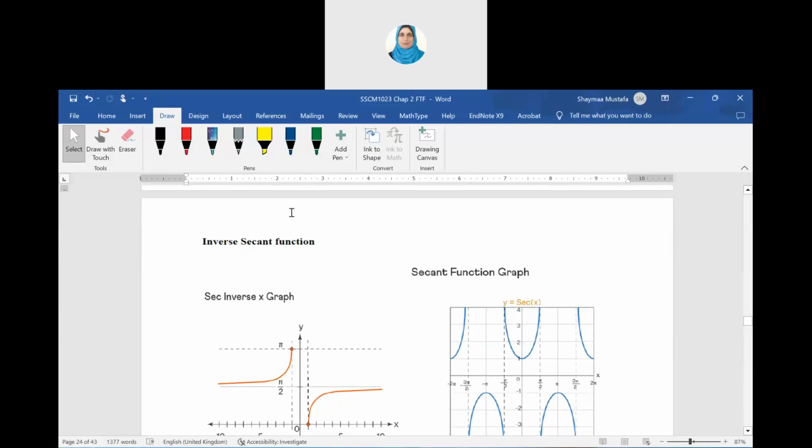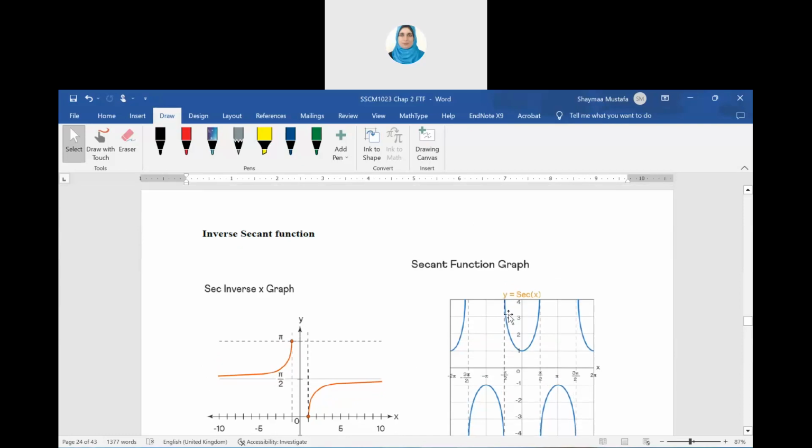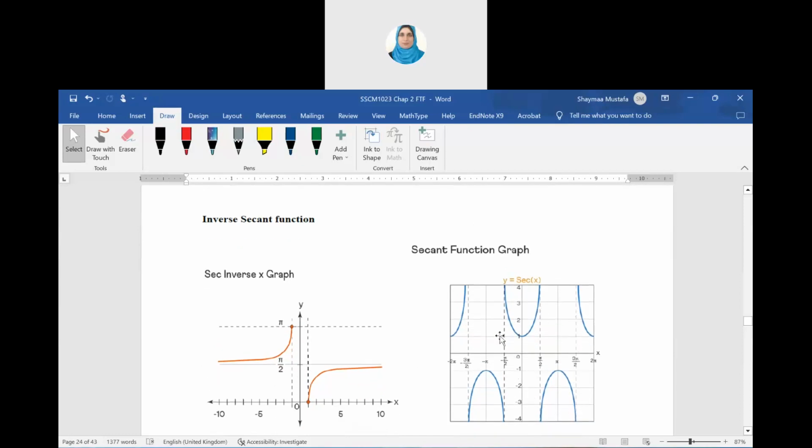And this is the last trigonometric function, secant x. If you look at sec x here, it is not one-to-one on its domain. So you have to choose a part that is one-to-one. Here we choose this one and this one. At this domain, the function is one-to-one.